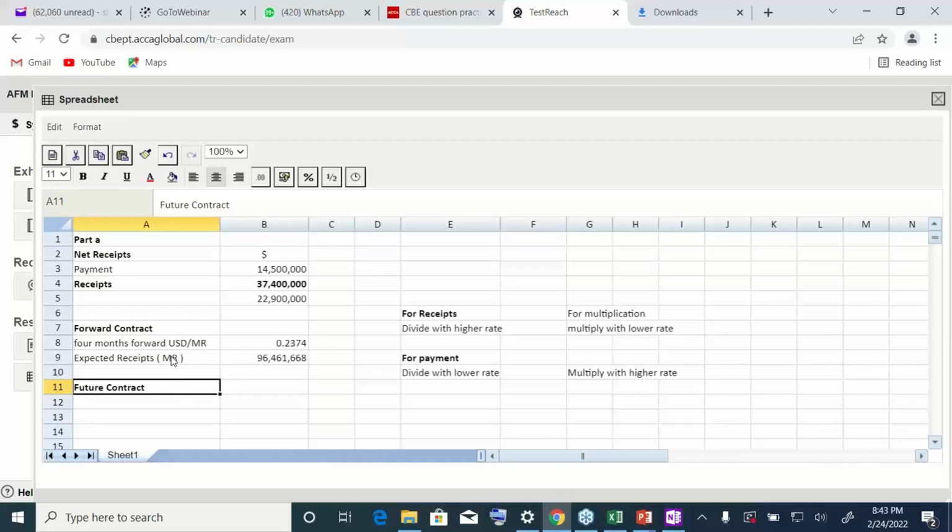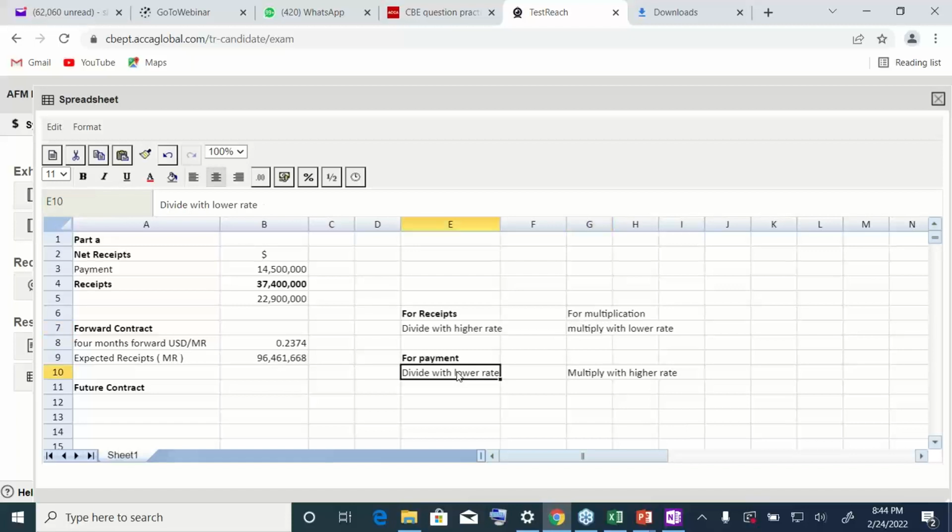Adverse position means in case of payment, you will have to pay more. In case of receipt, you will be receiving less. Obviously, if you divide with a higher rate, you will receive less, and if you multiply with a lower rate, you will receive less.